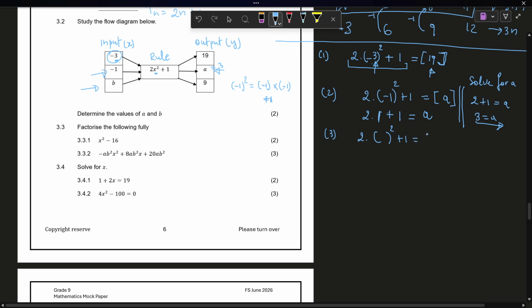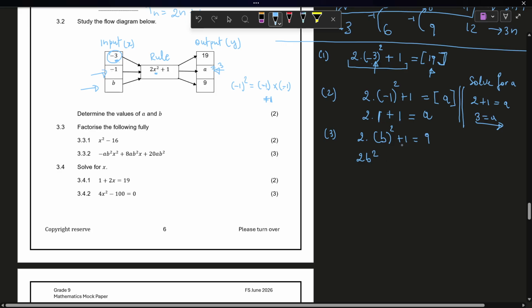In this case, the output is 9, right? So what is the name of my input? My input is called B, right? So what do I have? How do I solve this? Well, I'm going to have 2b squared.